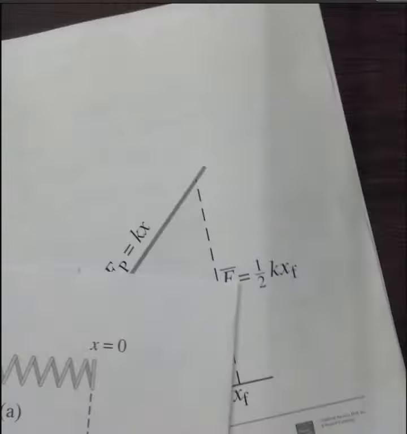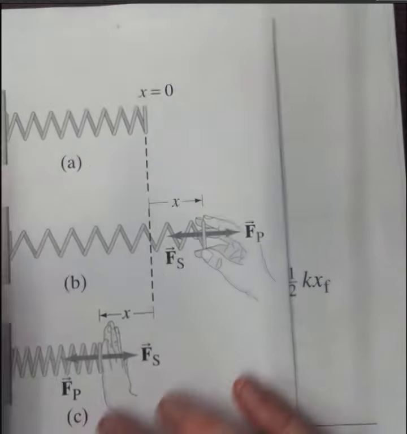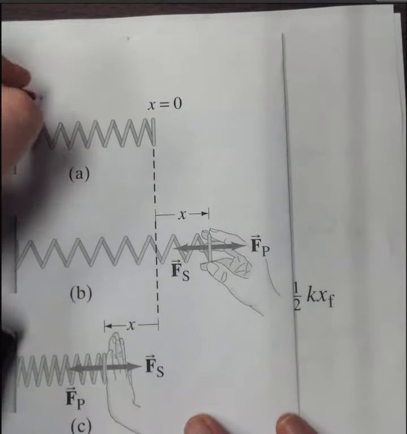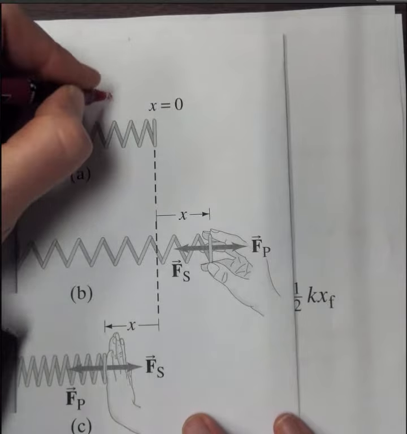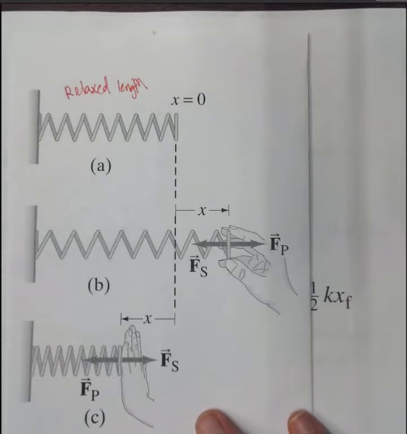So here we go. We could take a look. In this image, we say that this is the relaxed length of the spring. There's no energy being stored, so the spring does not have a potential to do any work.